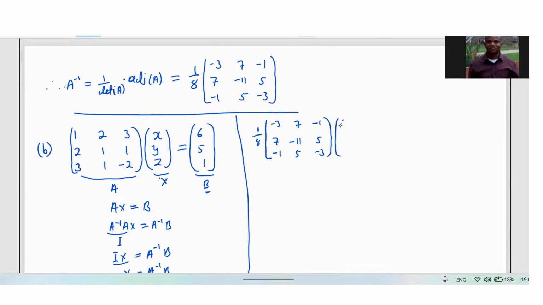So we have 6, then 5, then 1. So we can easily do this one. We all know how to multiply this.